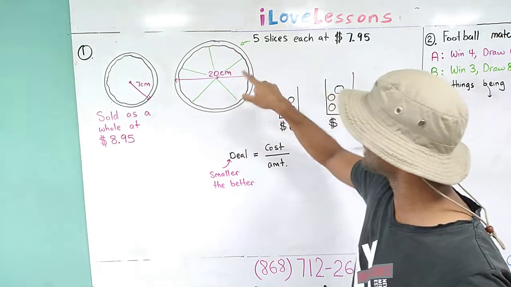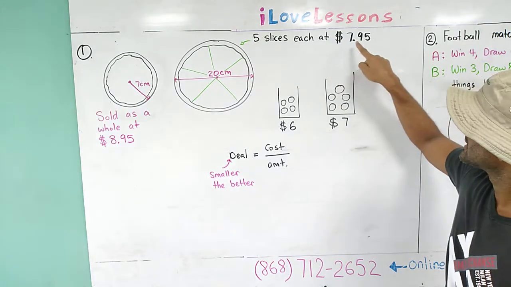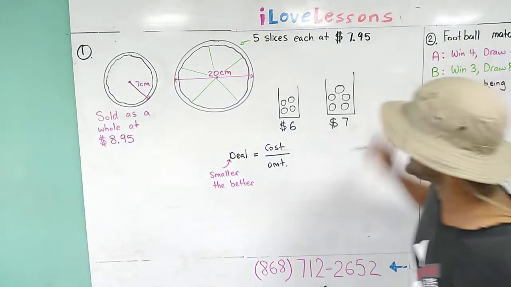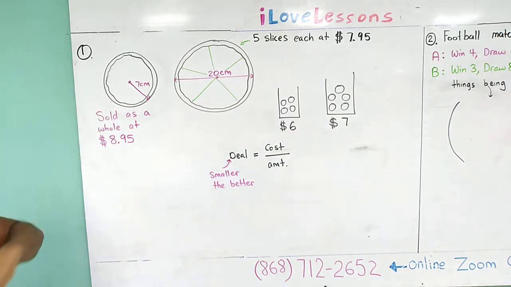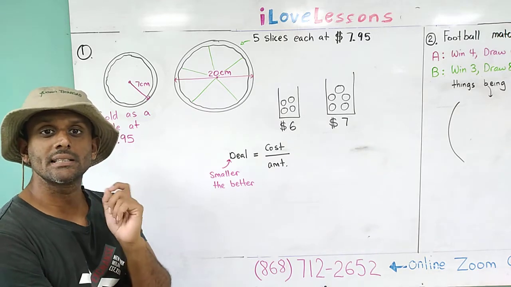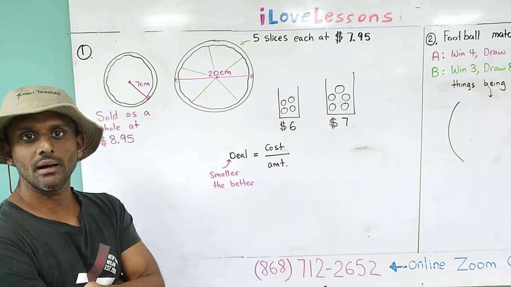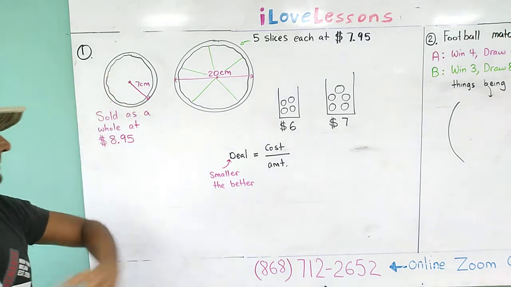You're looking at the green lines. And each slice costs $7.95. So, which one is the better deal? That is what the examiner usually asks in the paper 3 questions. Which one is the better deal?